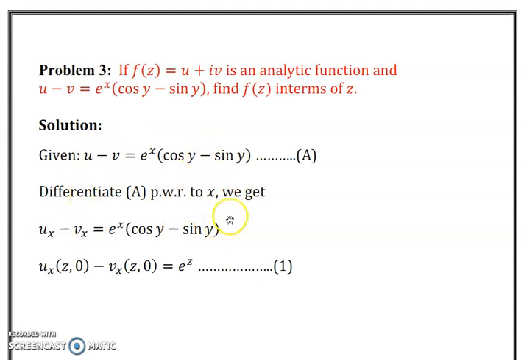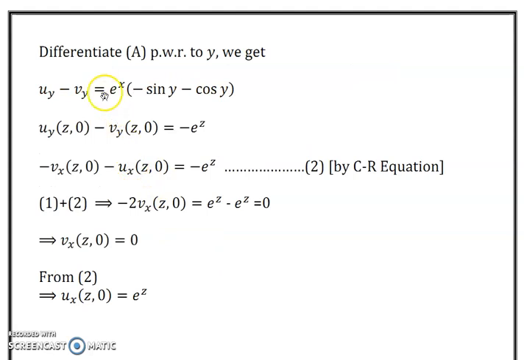Differentiate the equation with respect to x. You get ux minus vx is e power x of (cos y minus sin y). Then find ux of z comma 0 minus vx of z comma 0. So substitute x equal to z and y equal to 0. You get e power z. Then differentiate partially with respect to y. You get uy minus vy is e power x of (minus sin y minus cos y).